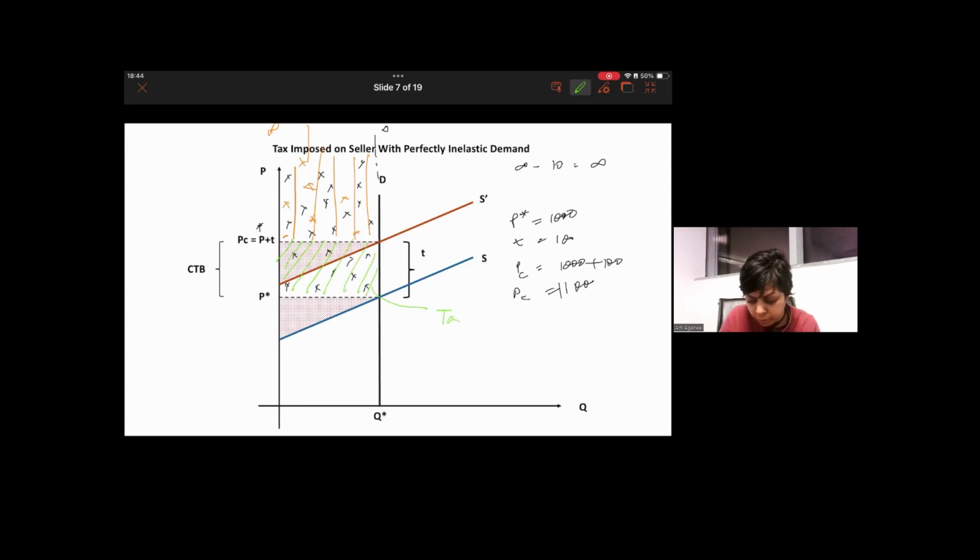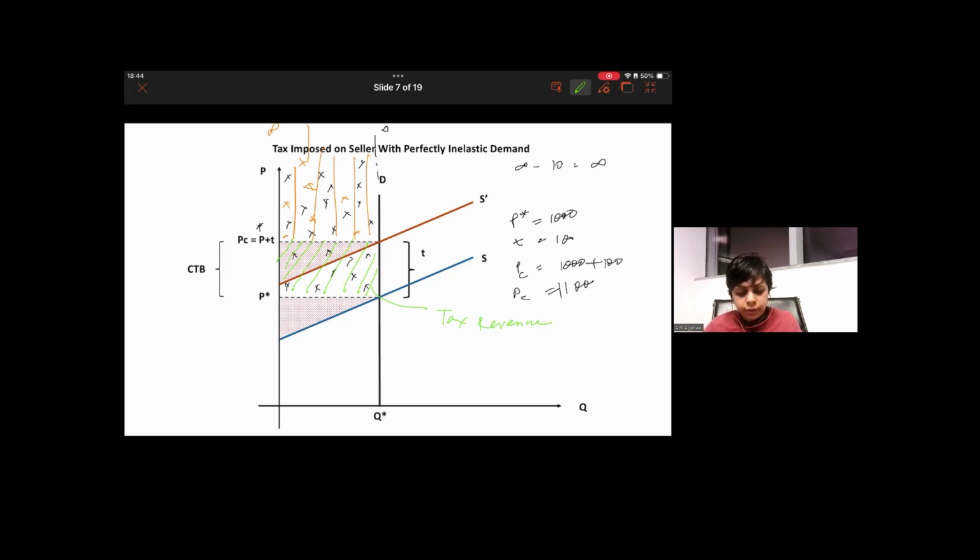This is the tax revenue. So technically there should be a change in consumer surplus because of this tax revenue, which is coming out of the consumer's pocket. But because it is perfectly inelastic demand, his surplus remains almost the same. There's negligible change in the consumer surplus.